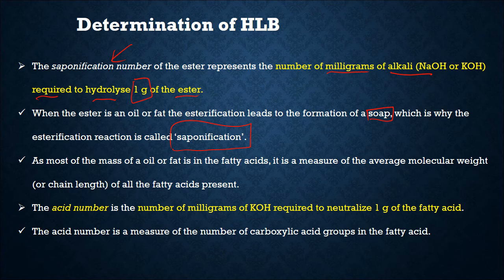And the acid number is the number of milligrams of KOH required to neutralize 1 gram of fatty acid. Again, you need to perform an experiment to know the acid number. And the acid number is a measure of the number of carboxylic acid groups in the fatty acid.